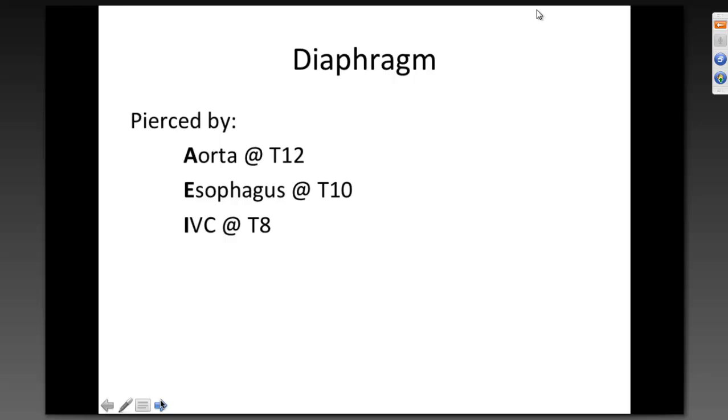Okay, so aorta pierces the diaphragm at the level of T12, the 12th thoracic vertebra. The esophagus pierces the diaphragm at the level of T10, and then the inferior vena cava does so at the level of T8.